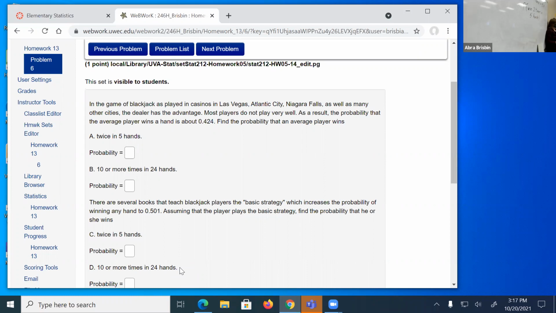Yeah, this is a binomial distribution because we have a yes or no outcome with a constant probability of a yes. We have a fixed number of trials that are all independent. And we're trying to find the probability of a certain number of yes results, of 2 yes results. And here, because we want the probability of winning exactly 2 times, we're trying to find the probability of a particular value. We want binomial PDF.